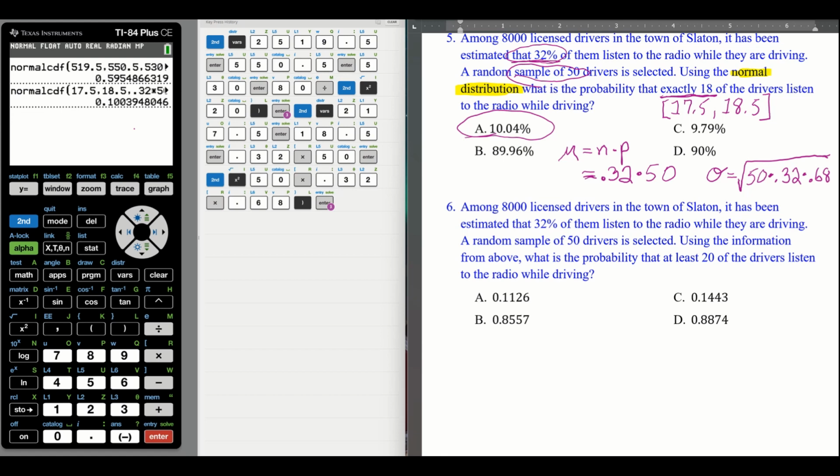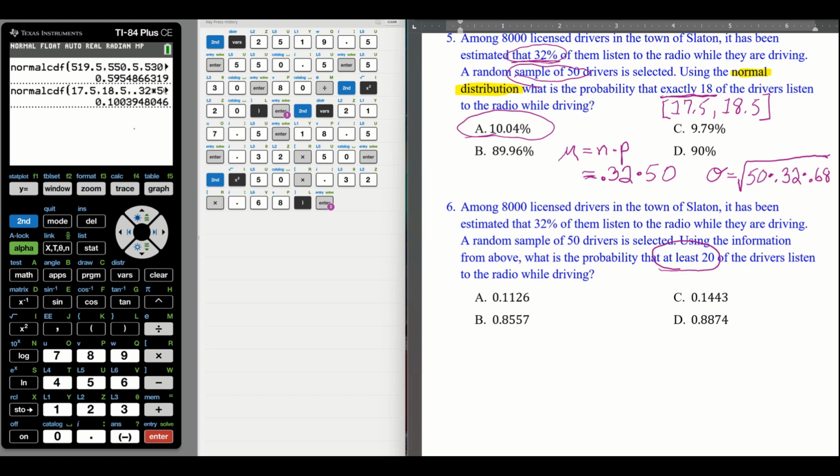Using the information from above, what is the probability that at least 20 of the drivers, this one was 18, now we have 20, listen to the radio while driving? Well, everything is the same, all the adjustments except for the first adjustment. They're still discrete. So what are we going to use?